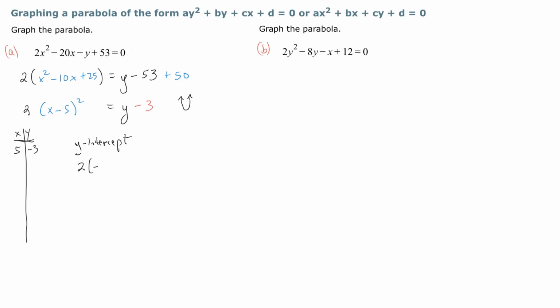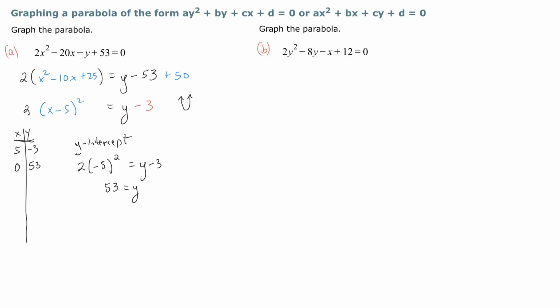So let's say 2 times negative 5 squared is equal to y minus 3. So 50 plus 3, 53. So when x is 0, we get 53.